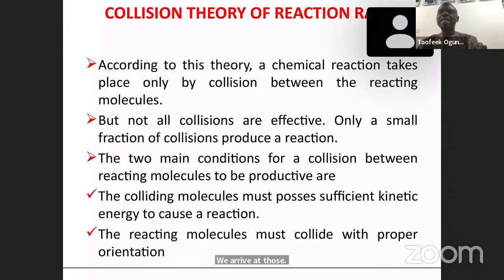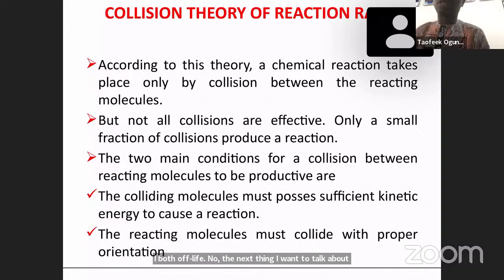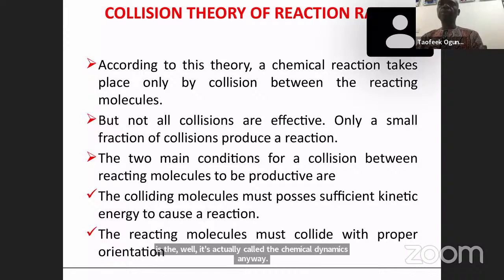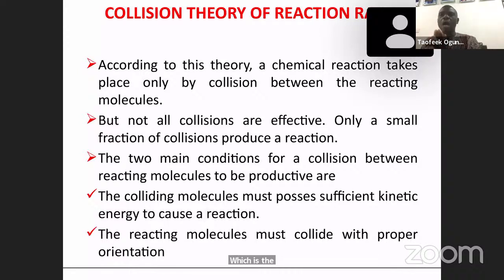Now, the next thing we want to talk about is called chemical dynamics anyway, which is the collision theory of a reaction. According to this theory, chemical reaction takes place only by collision between the reacting molecules.